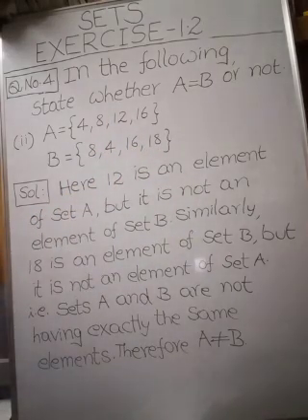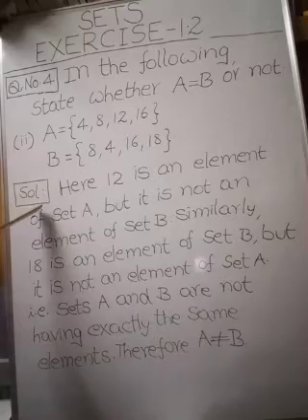Two sets A and B are given. Now we have to check whether these two sets are equal or not. This question is also based on the definition of equal sets. So come to the solution part.